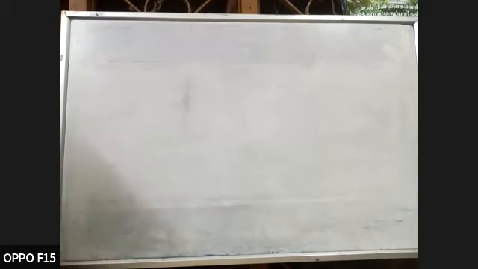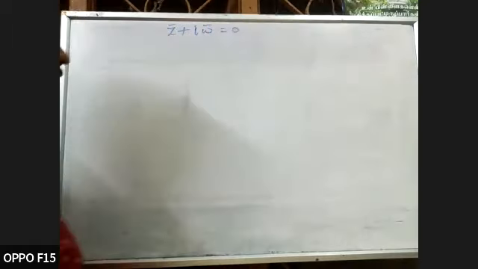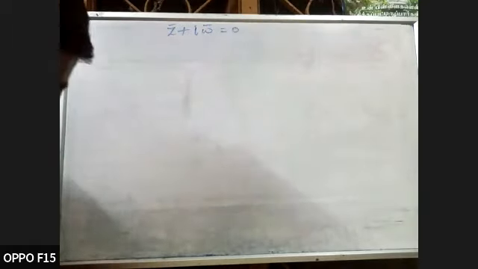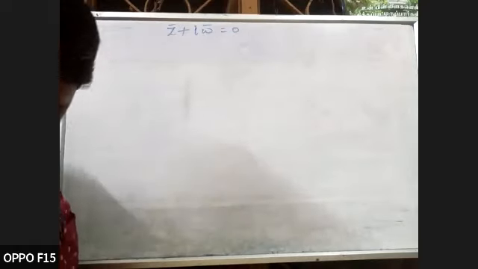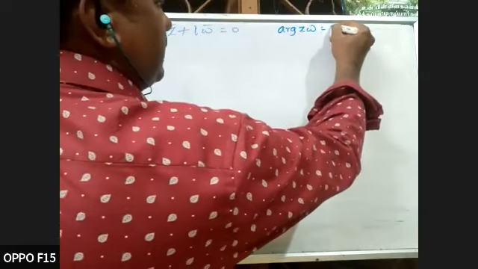Let Z and omega be two complex numbers such that Z conjugate plus i omega conjugate is equal to 0, and argument of Z omega is equal to pi.